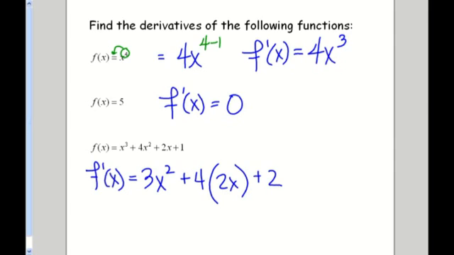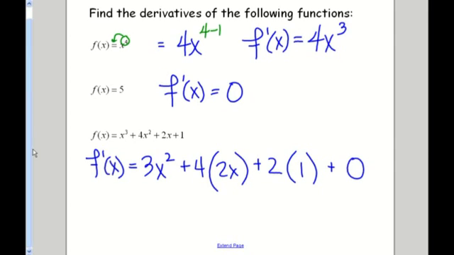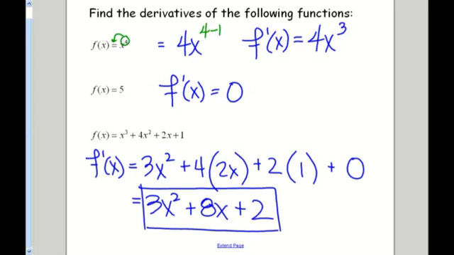Plus 2 times the derivative of x, which is just 1. And then plus 0, the derivative of 1. So if I put all this together, I've got 3x squared plus 8x plus 2. Now that's a lot faster than going through the whole limit definition on these things.